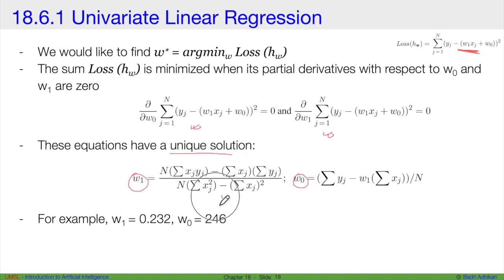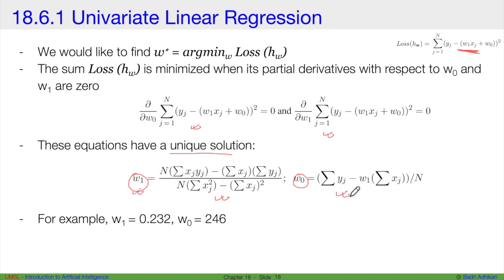And these we can directly calculate by using equations that we derive by solving these two partial derivatives. In other words, for each input data point, multiply x and y, sum x separately, sum y separately, sum the squares of x, and square the sum of x, and calculate this, and we will get W1.